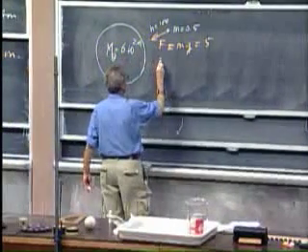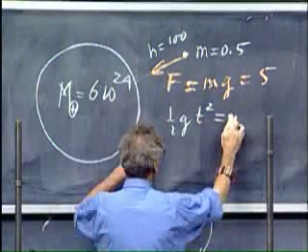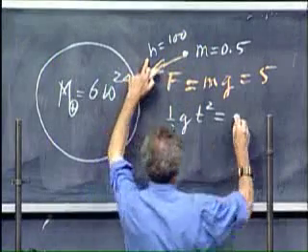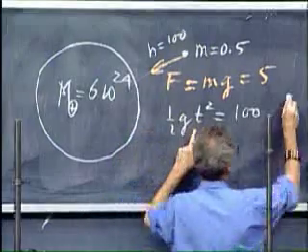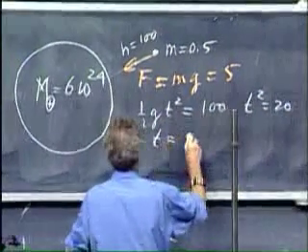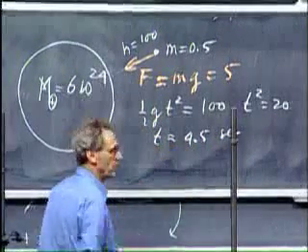So we know that 1/2 g t squared equals h. It doesn't start with any initial speed, so that is 100. g is 10, this is 5, so t squared is 20. So t is about 4.5 seconds. So after 4.5 seconds, it hits the Earth.